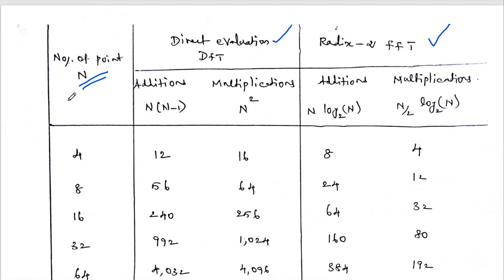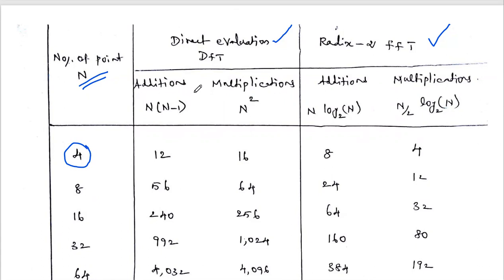Here, consider the capital N value as 4, that is, if we want to perform the 4-point DFT, the number of samples in the given x of n is 4, so the capital N value equals 4. At that time, when the DFT answer is obtained in the direct evaluation method, you already know the number of multiplications required is N squared.